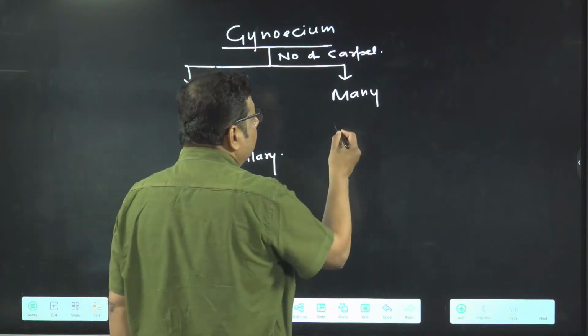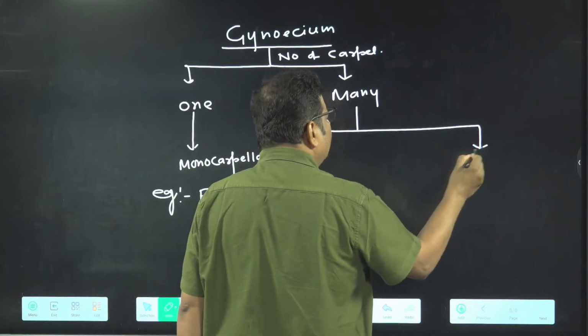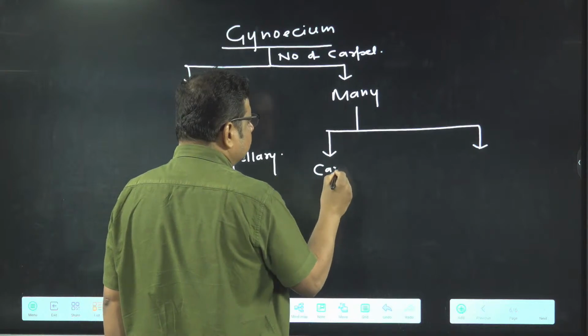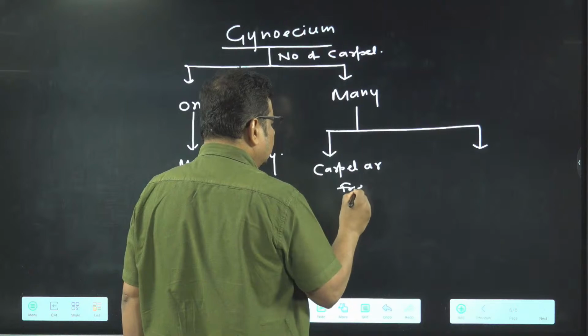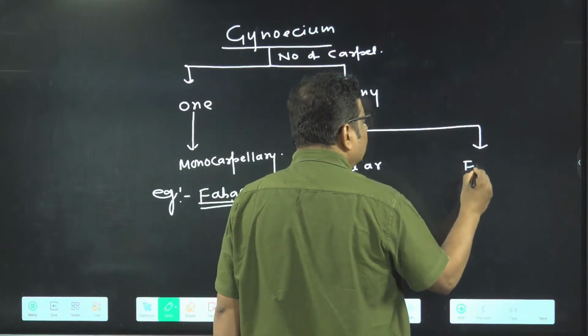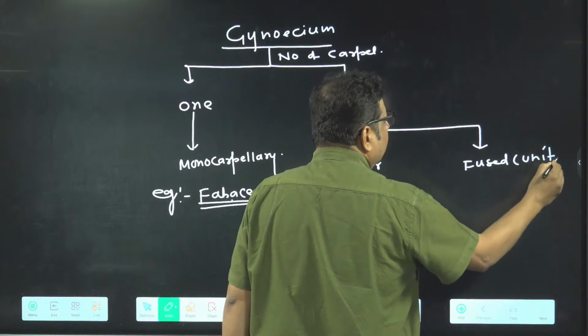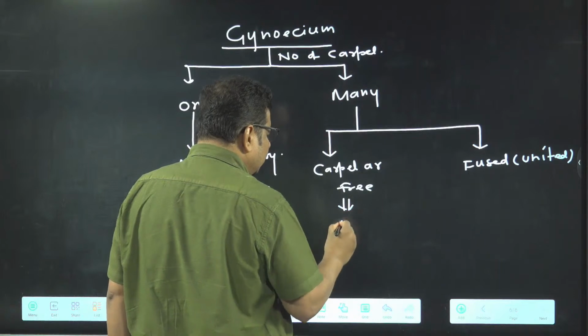Now, if we talk about many carpels, more than one carpel, there are two possibilities. Carpels are free, and here they are fused or united. So if they are free, it is called which one?